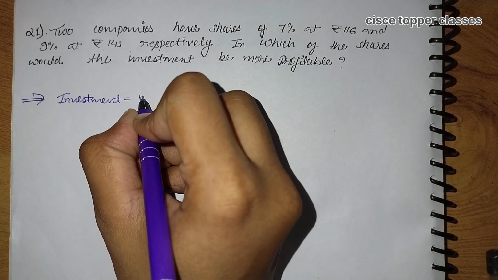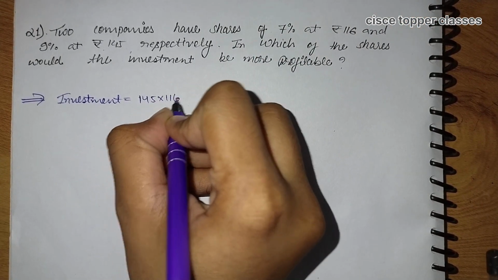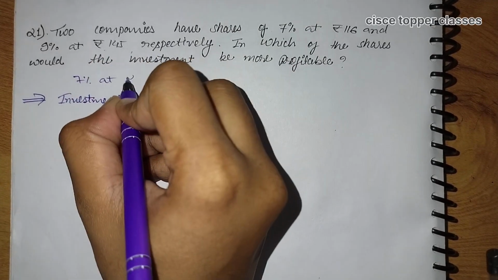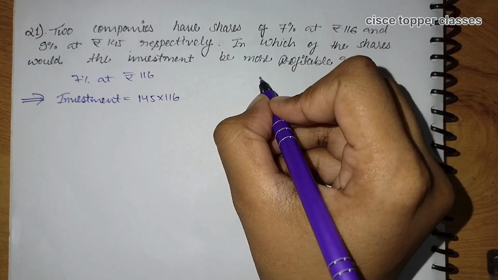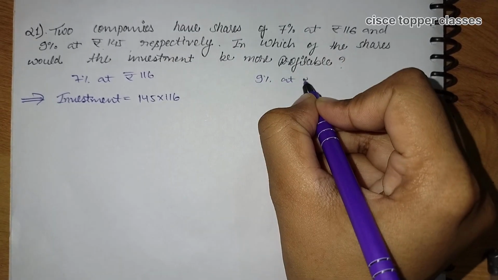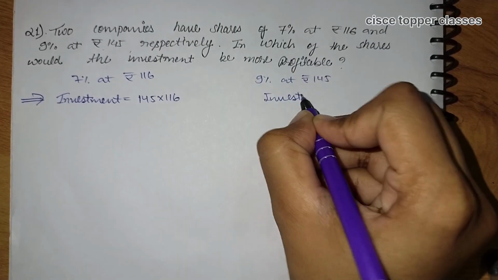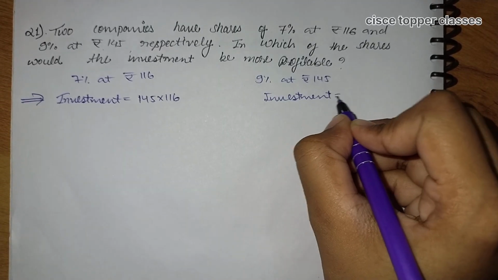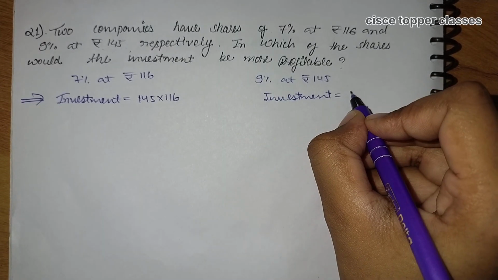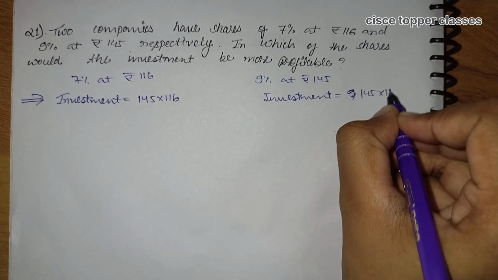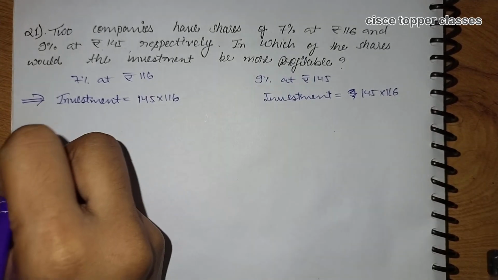So investment we can take 145 into 116 in the first part also, when 7% at rupees 116, and here 9% at rupees 145 also we will take the investment as same only. So investment will be 145 into 116 because we have to take same investment for comparison.